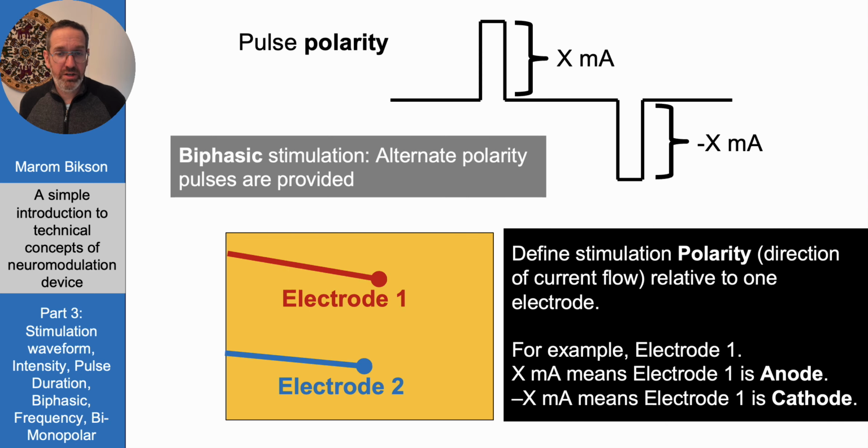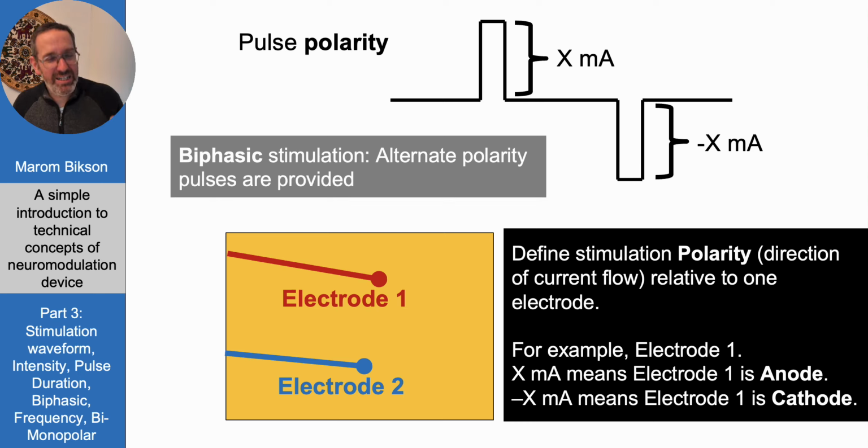The simple way to do that is you just identify a reference. I'm going to say that electrode 1 is my electrode of interest. That's the one I'm going to focus on. And electrode 2 is the chaser. So now when I say 1 milliamp, I mean 1 milliamp from electrode 1 to electrode 2.